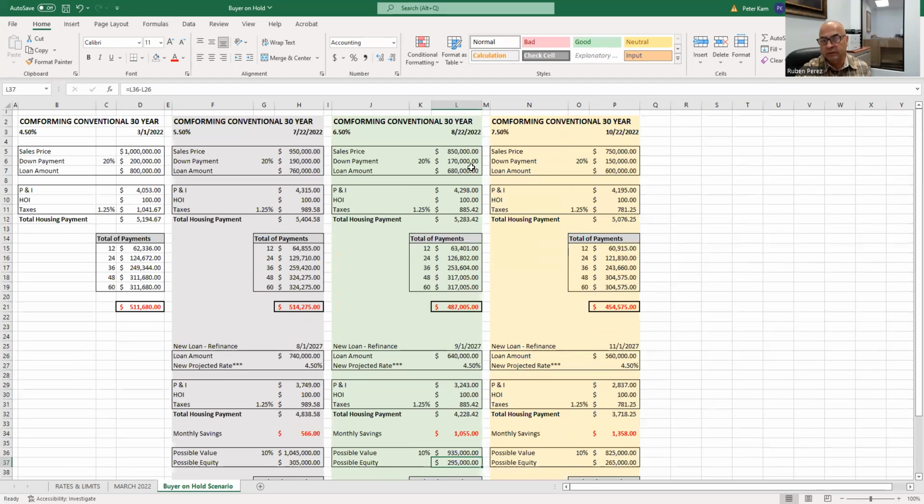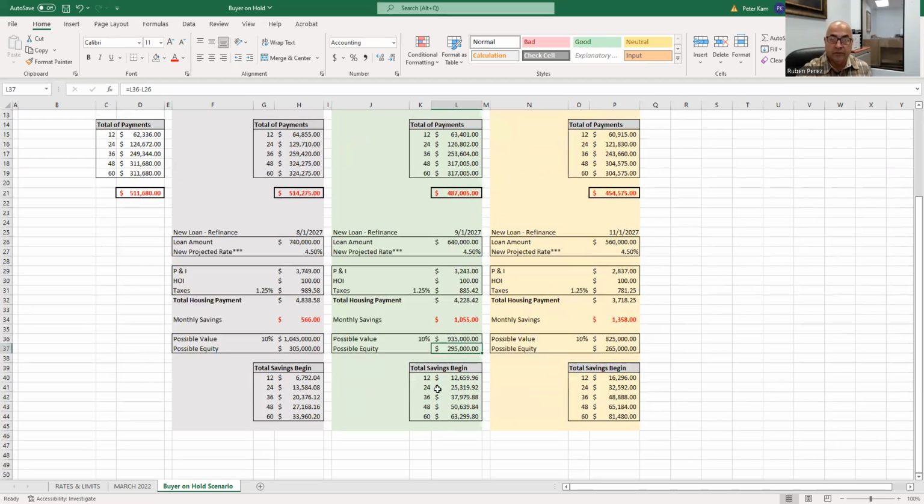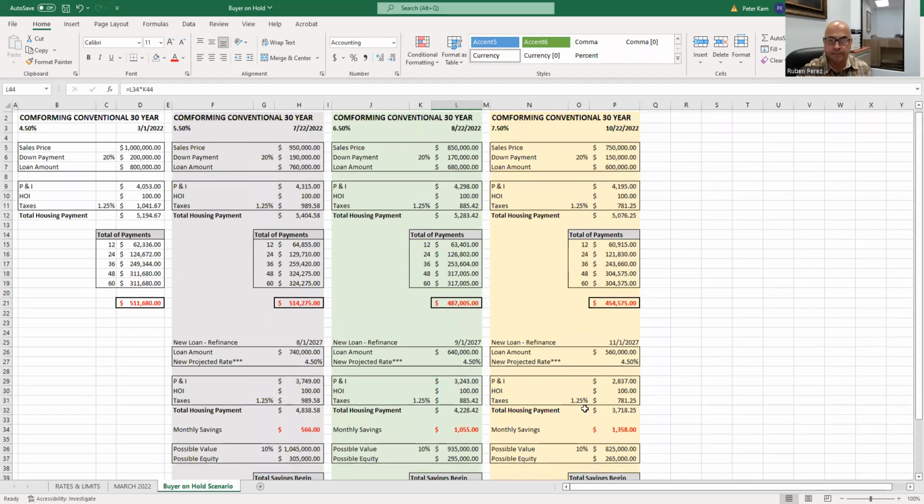Of course, they put 170 down payment into that equity, but they're still gaining about $120,000 in equity. So their savings would be about $65,000 after year 5, after they refinance. Again, this is just an example. It's not set in stone, but it's an example that you can use for a projection.